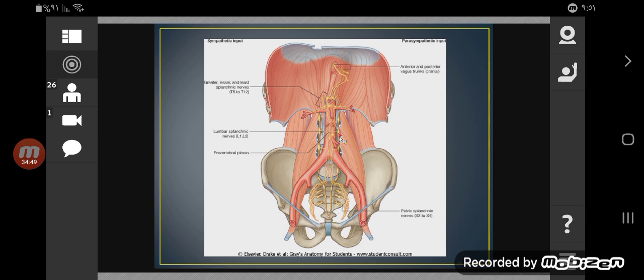But in the upper part, you can see we have paired ganglia, a ganglion on each side.